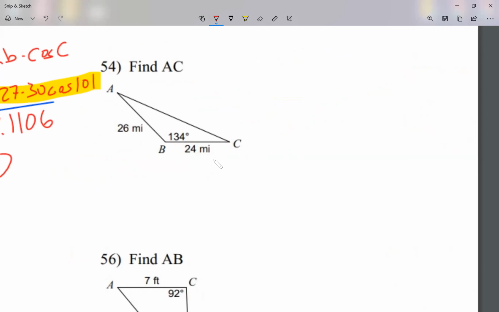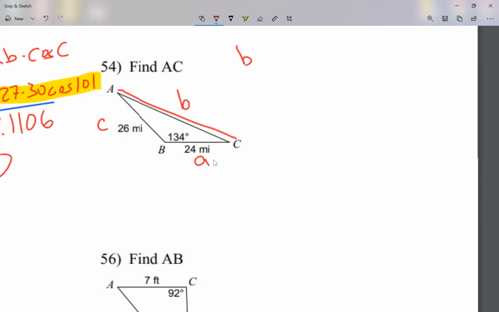Now here, I'm asking you to find AC, which is this side, which we usually call side B, right? It's opposite from angle B. I have side A and I have side C, and I have angle B. So from the formulas, I'm going to use the one that has angle B. Let me write this again, just this last time.